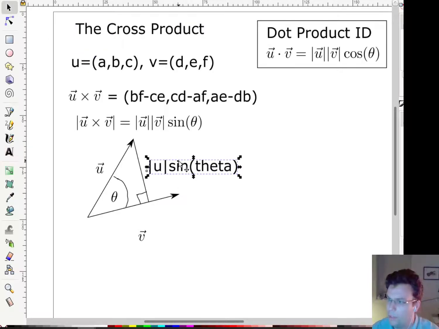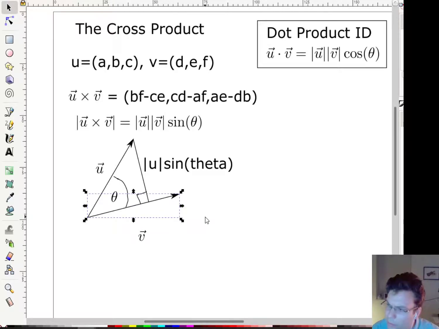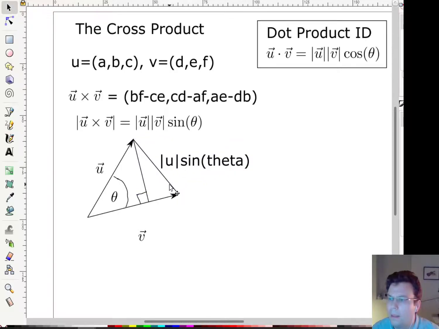That is the height of this triangle. I haven't completed the triangle yet, but here it is. That's our triangle, and the base of this triangle is the magnitude of v.